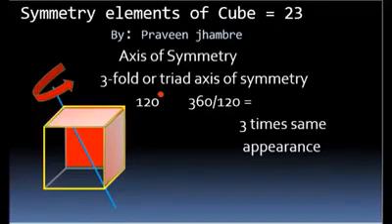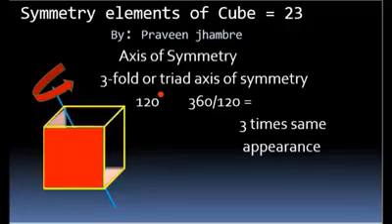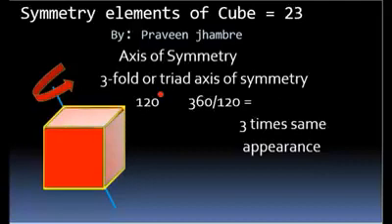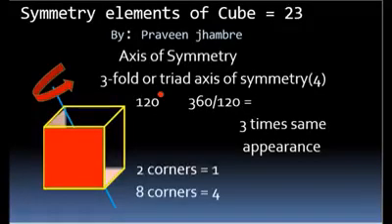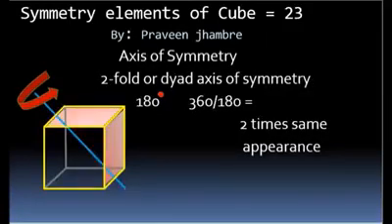If a cube is rotated about this axis at an angle of 120 degree, then we get 360 upon 120, that is 3 times the same appearance. Between two corners we have one threefold axis of symmetry. Therefore, between 8 corners we have 4 threefold axes of symmetry.